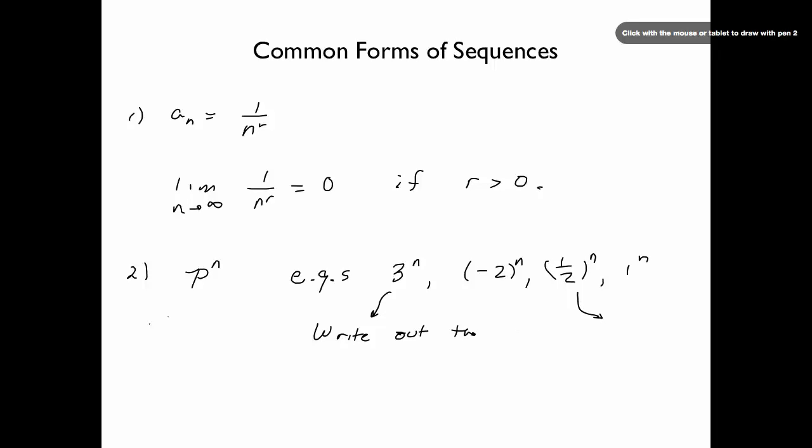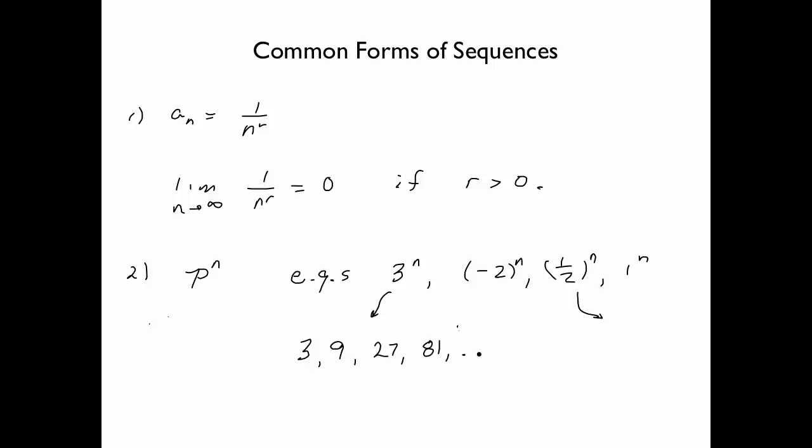If you were to write out the list, 3 to the n would be what? 3 to the 1, 3 squared, 3 cubed, 3 to the 4th. That would be that sequence. Convergent or divergent? Divergent. This is going to get really big, right? And just keep getting as big as you want.